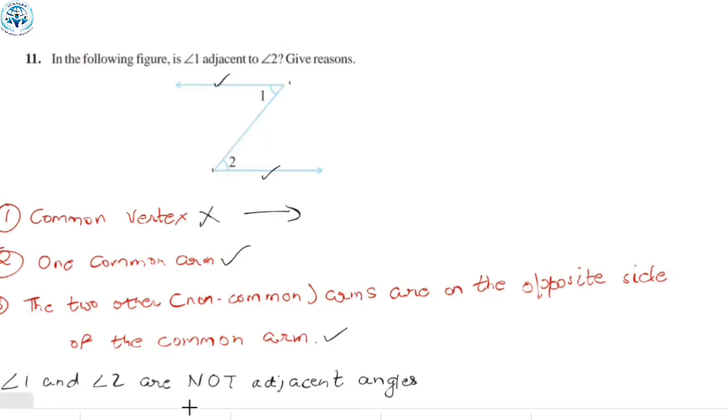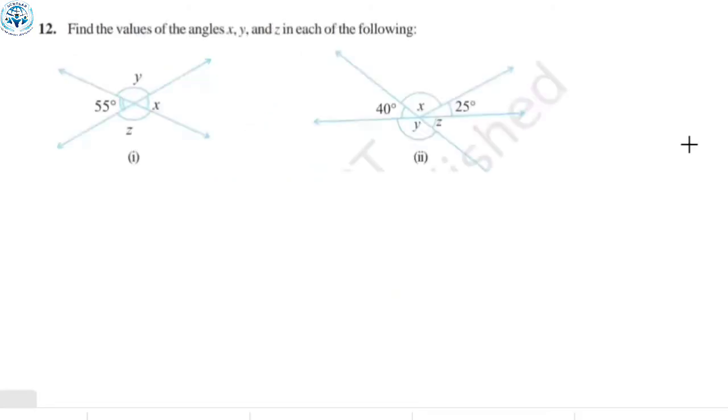So we will write as angle 1 and angle 2 are not adjacent angles, because they do not lie on the same vertex. So now we will move to the next question, question number 12.